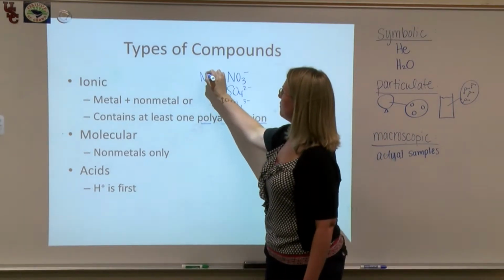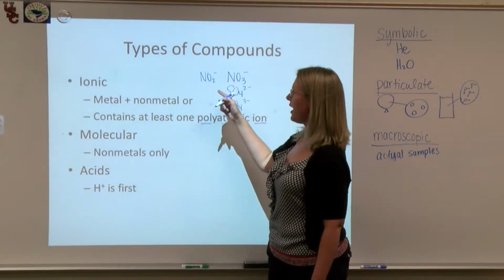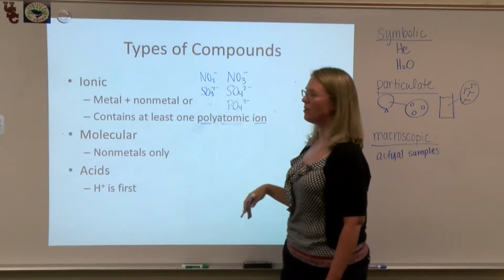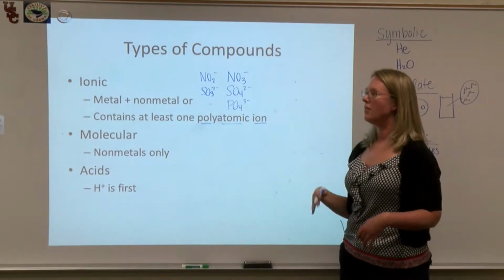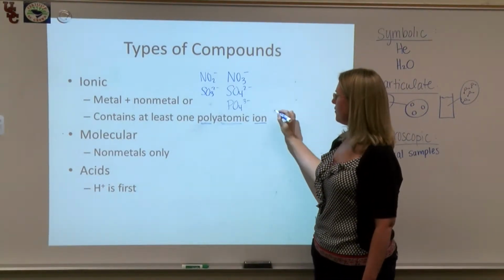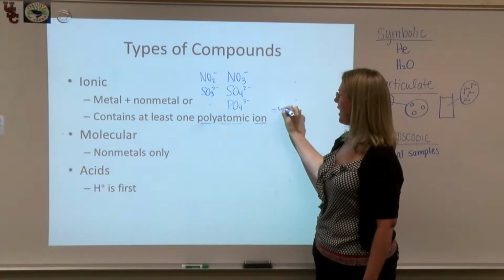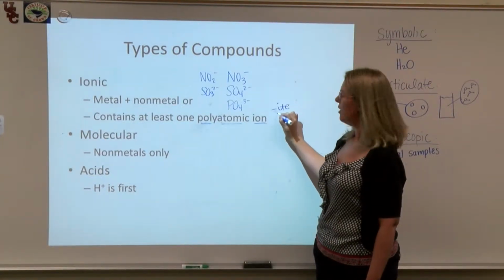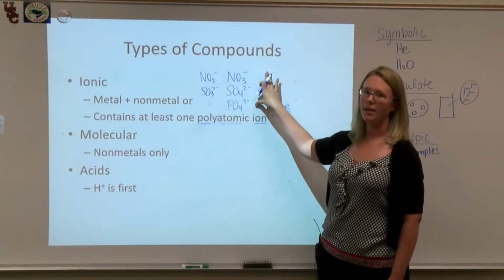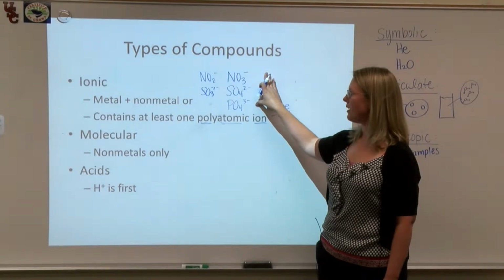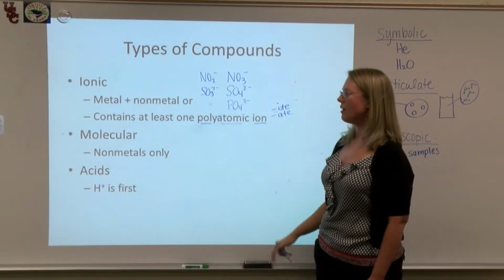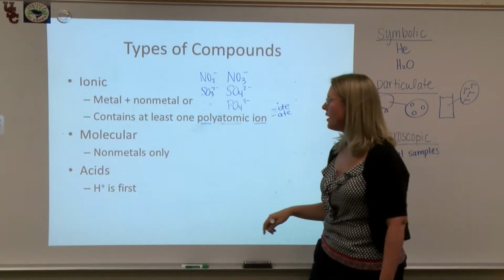You can also have NO2 minus, nitrite, SO3 2 minus, which is sulfite, and so on and so on. There's lots and lots and lots of these polyatomic ions. The key here is if you see the word endings ite, I-T-E, or ate, A-T-E, you know that a polyatomic ion is present there. Okay, so you may want to do some review and look some of those up, and we'll talk about them as we go through the examples.